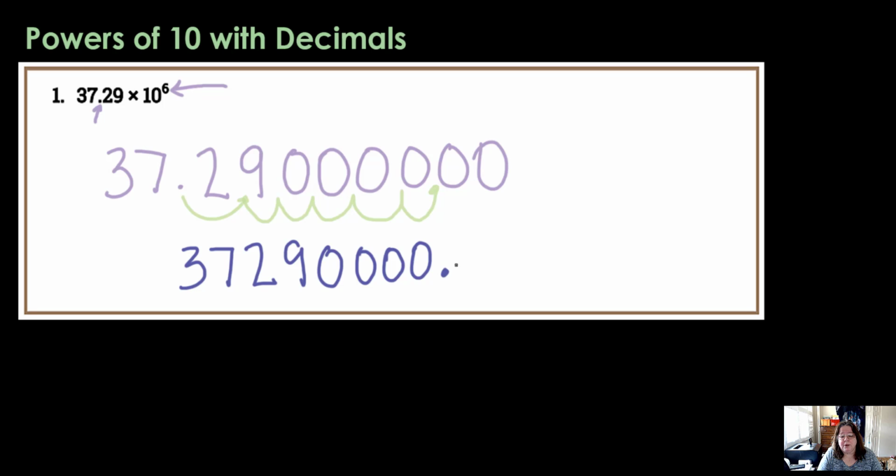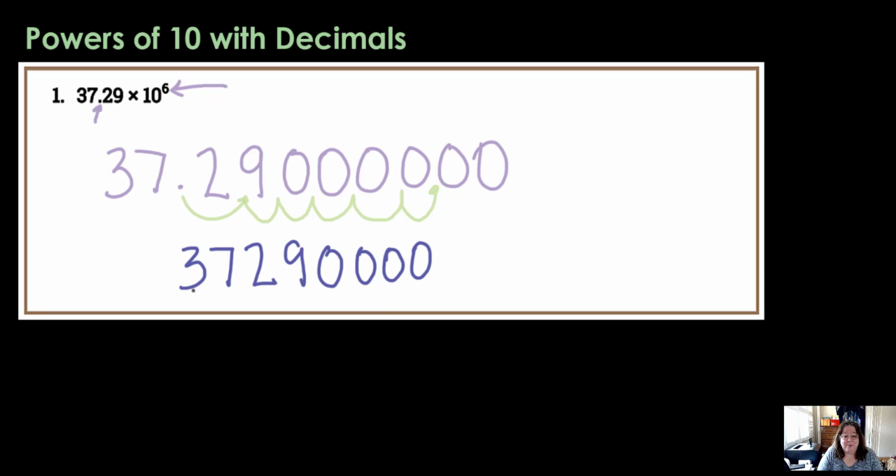Now, I can put a decimal point. If I was talking about money, I might put a decimal point and the cents. I don't have to do that. Our standard convention in math is that there's no information over there. You do not have to put the decimal point into zeros. It's not wrong if you do. It just looks a little simpler or easier to work with if you don't.